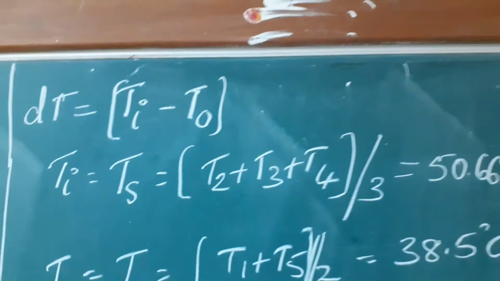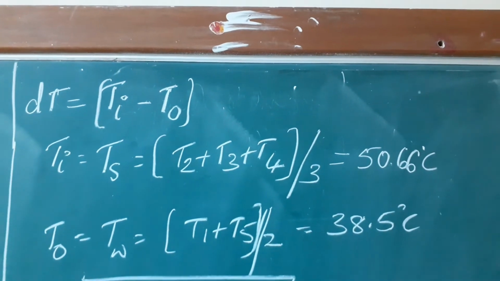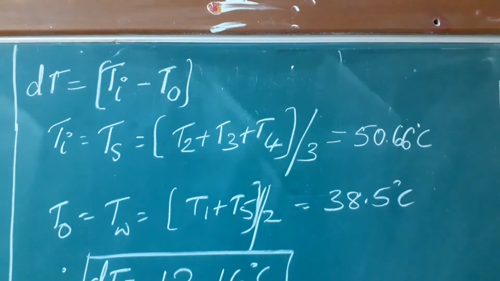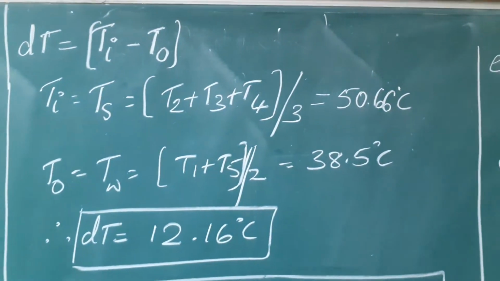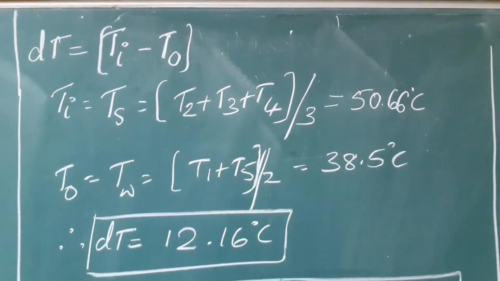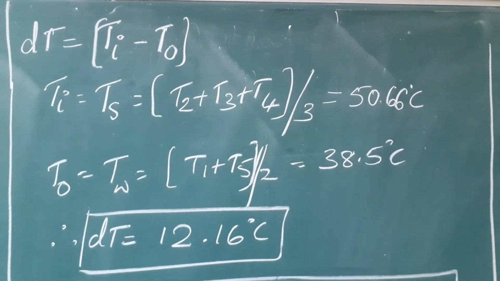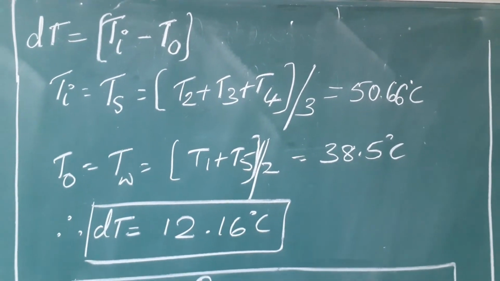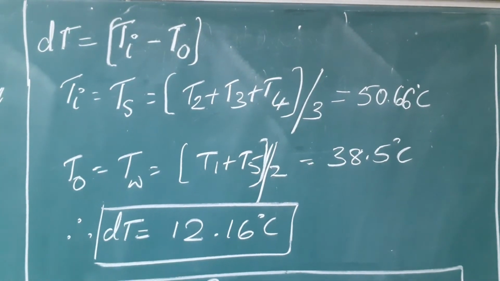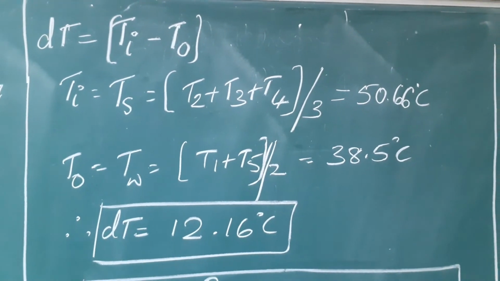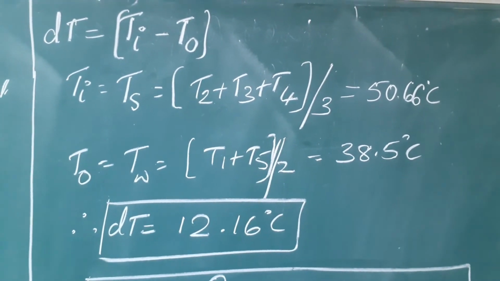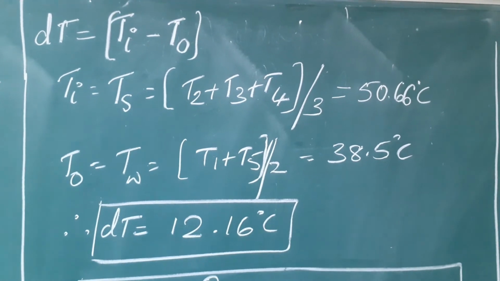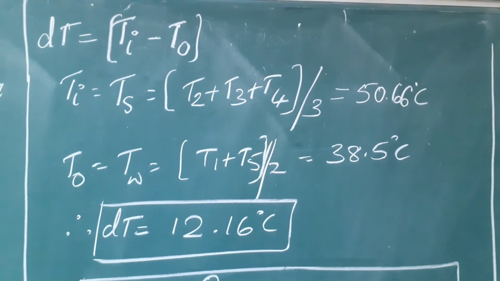dT is equal to Ts minus T naught, where Ts is the average surface temperature. The surface temperatures are T2, T3, T4, divided by 3, which gives Ts. T naught is the fluid temperature, inlet and outlet divided by 2, which is 38.5 degrees centigrade.